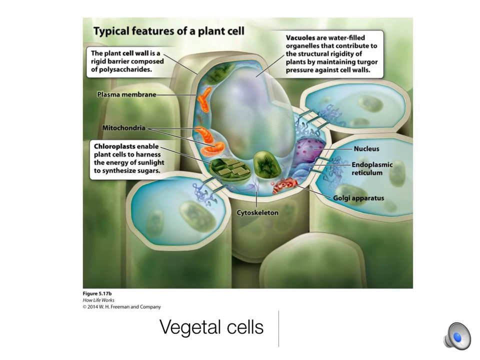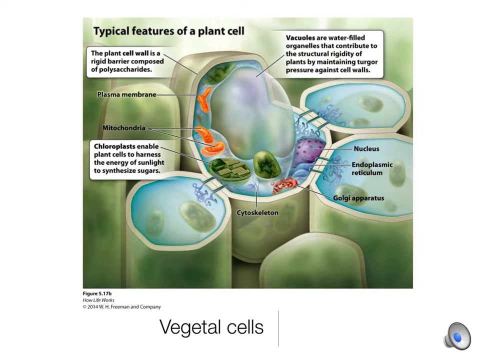So all the structures that we just described each have a specific function and sometimes more than one function. Of course, these two cell types that we just described are very generic, but a cell that has specific functions would have more of the organelles that are needed to achieve those functions.